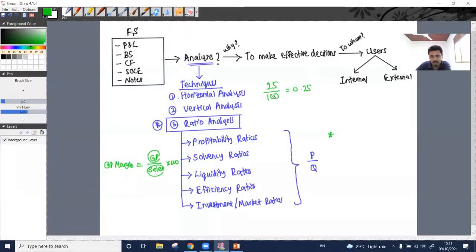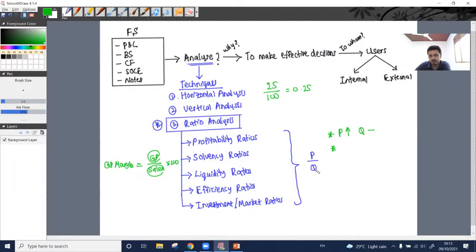So that is one option we have: we can increase the numerator while keeping the denominator as it is.